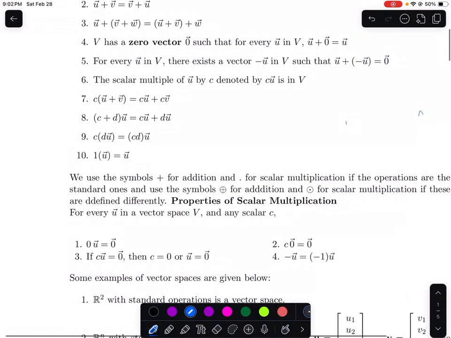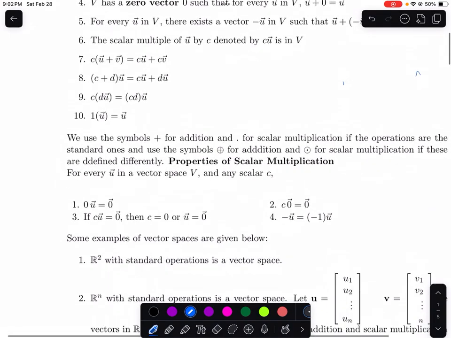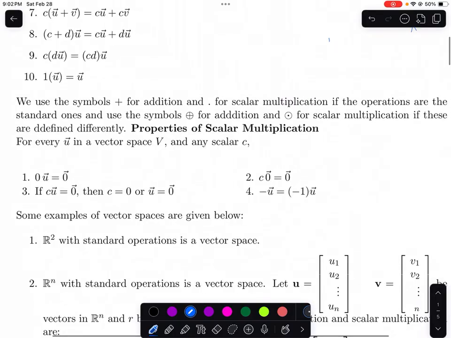Now we usually use the addition symbol for addition in the vector space, and the dot for scalar multiplication in the vector space. But these are used when we are talking about the standard addition and standard scalar multiplication. I will show you some examples of what we mean by standard operations.